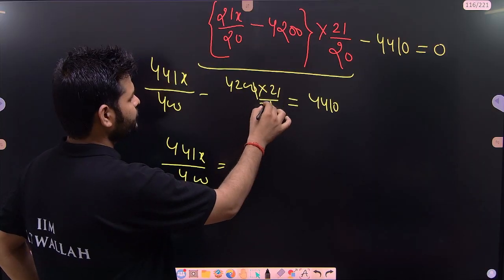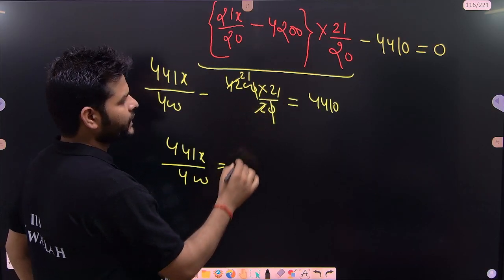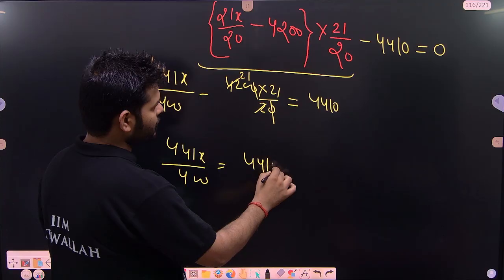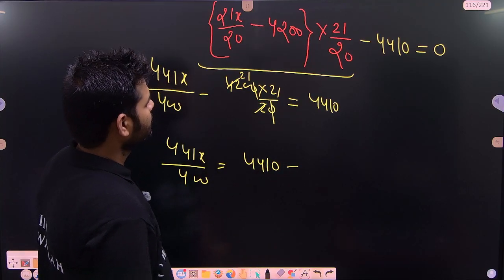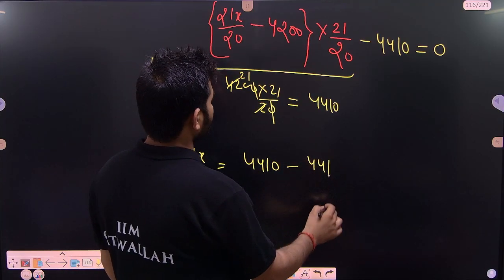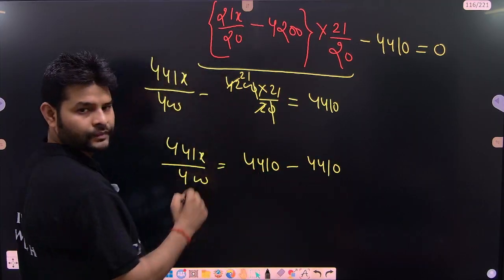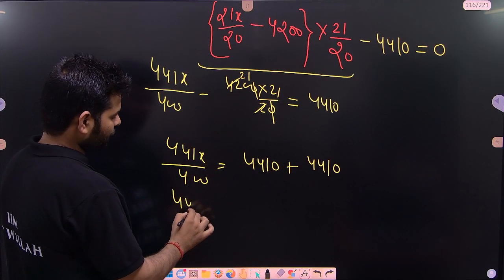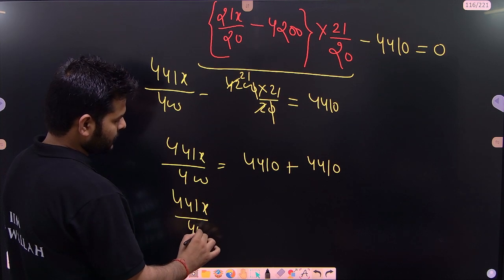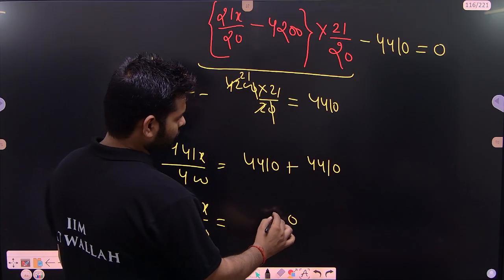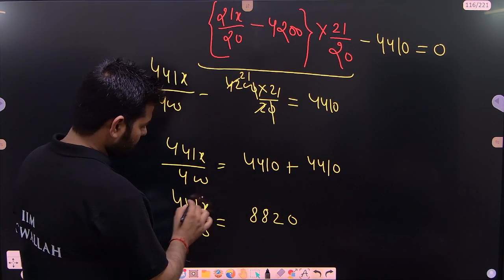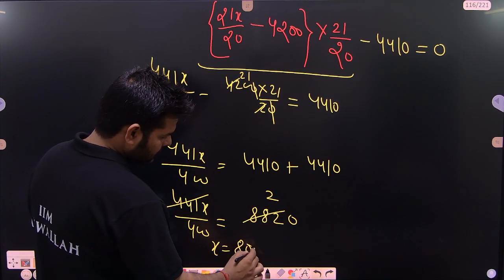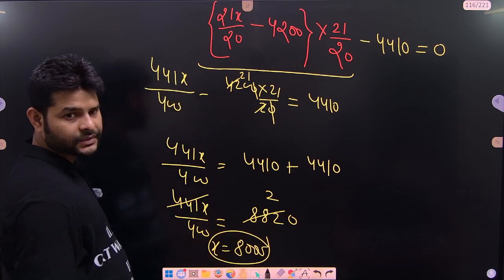That would be 21 into 21 again, 4,410 minus 441 and 10 more, plus. So you will get 441x upon 400. You will add 0, 2, 8, 8, 2 times. So from here you will get 8,000. So my principal was 8,000.